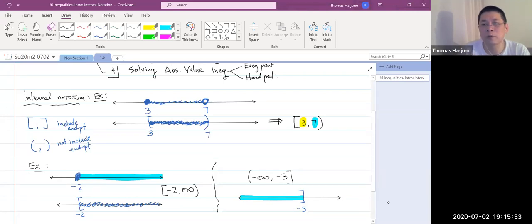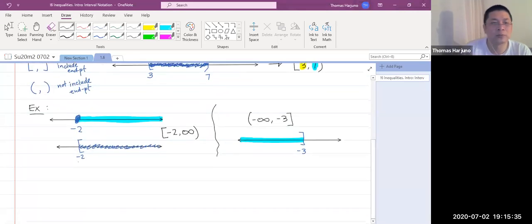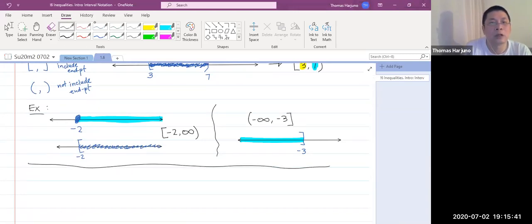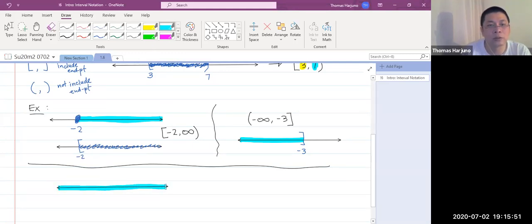And the expression for all real numbers, let me partition this first. If the solution is all real numbers, then the interval notation will be -infinity up to +infinity, because both are infinity, so both use parentheses.